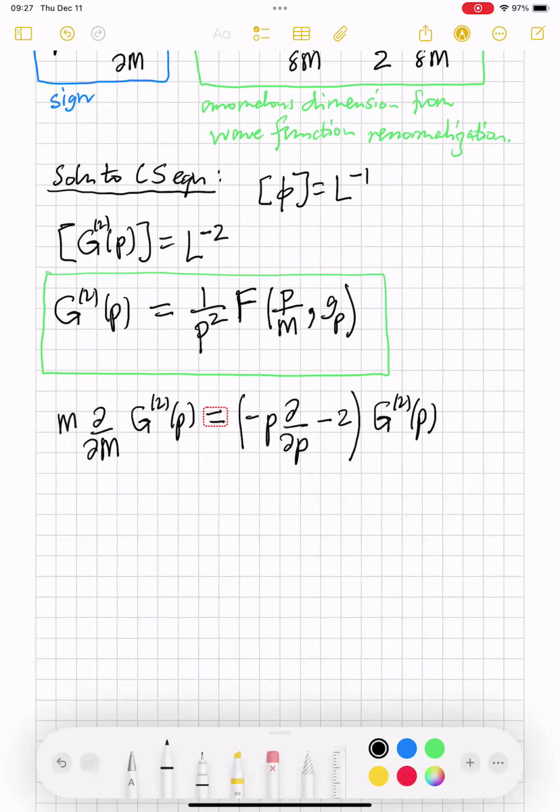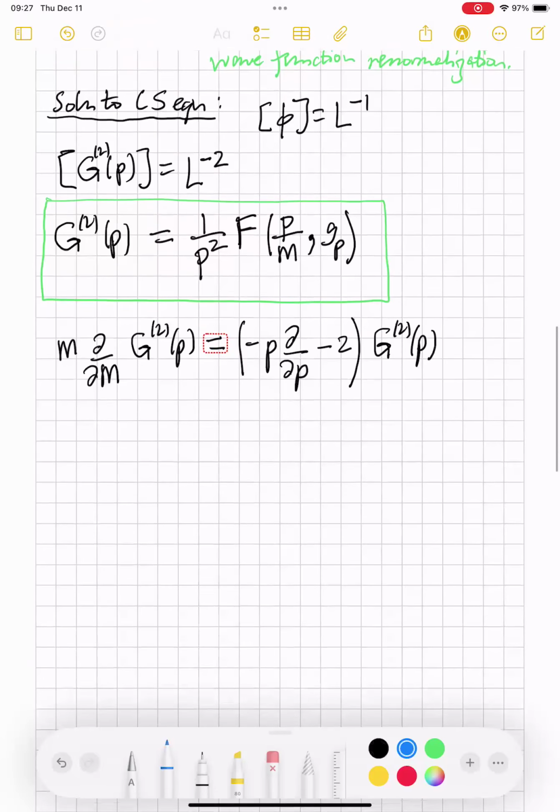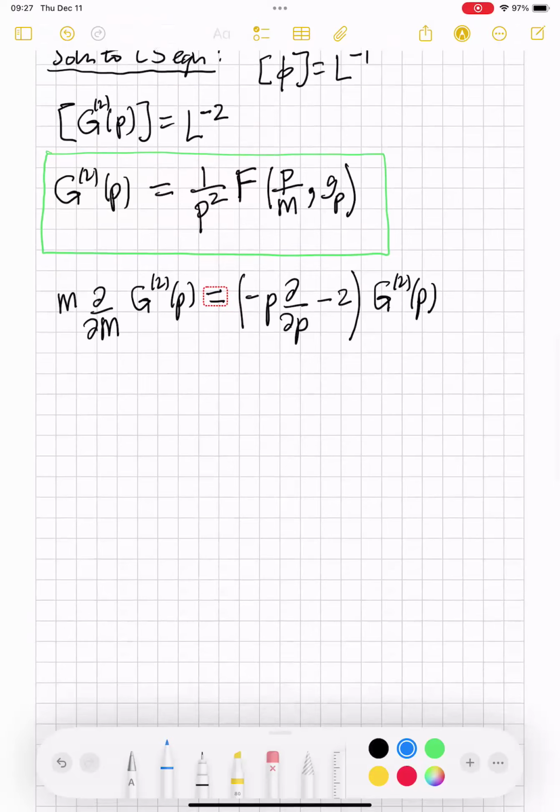You just take the green box, you know how things depend on M, so you can easily just go ahead and calculate the d by dm derivative. I'm going to suggest to you another way to think about this that I hope will be helpful. So my key observation is the following. If I take x d by dx, why am I looking at x d by dx? Well, it's because I've got an m d by dm and a p d by dp.